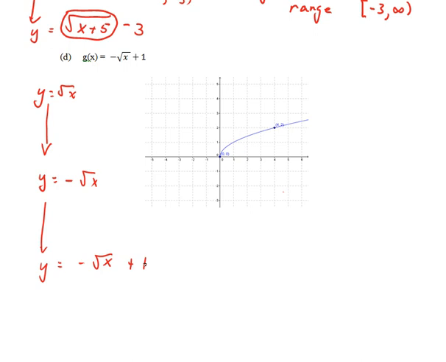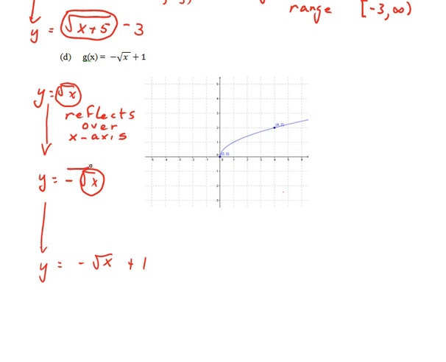So in the first step, the square root of x has been multiplied by a negative 1. The square root of x is intact, but it's been multiplied by negative 1. This reflects the graph over the x-axis, reflects it vertically.